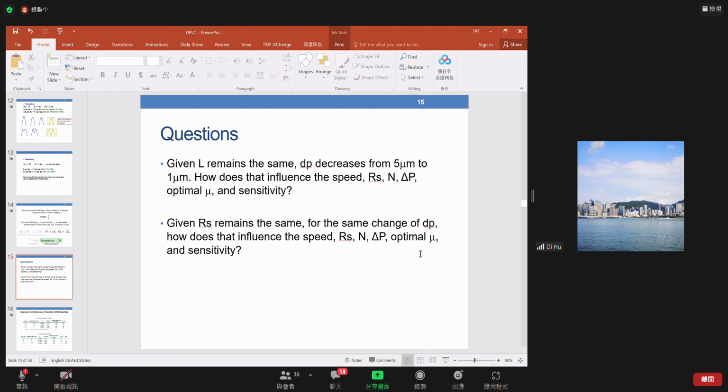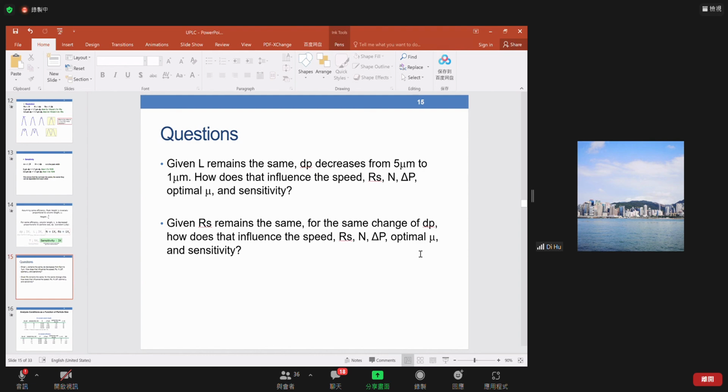We talked about it in two different ways. If we want to achieve the best resolution, then you change L, and obviously you then have to face a very high pressure drop.